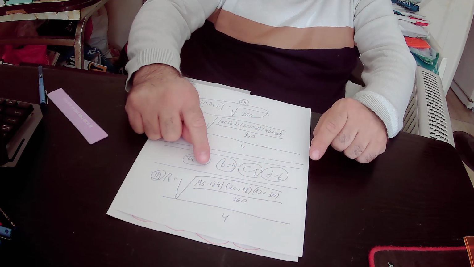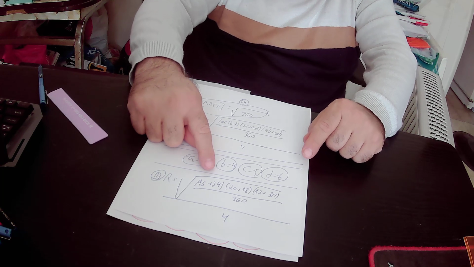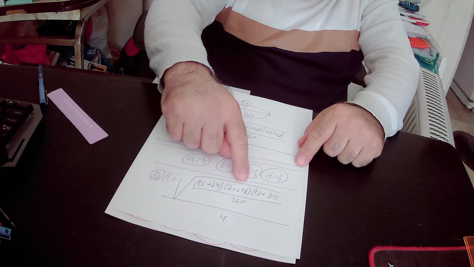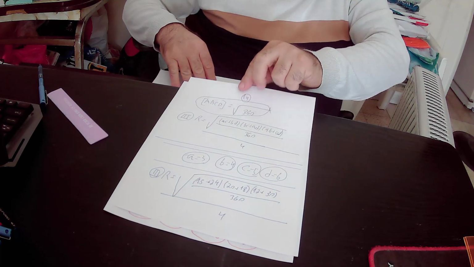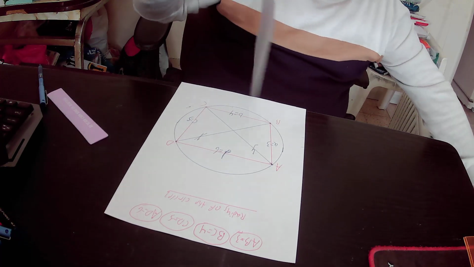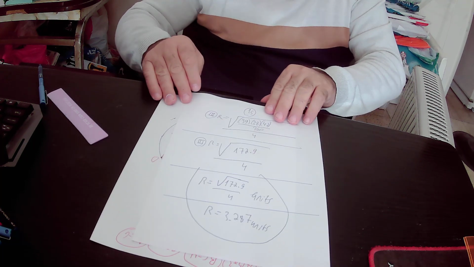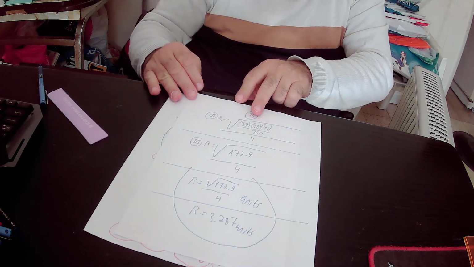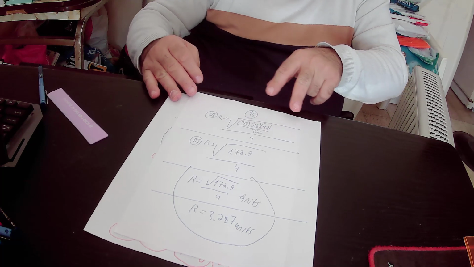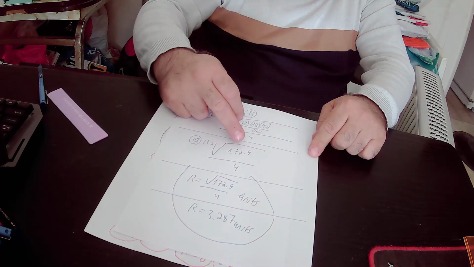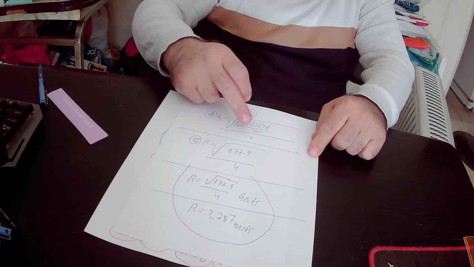And 15 plus 24 is 39, 20 plus 18 is 38, and 12 plus 30 is 42. And the root of 39 times 38 times 42 over 360 is 172.9, all divided by 4.